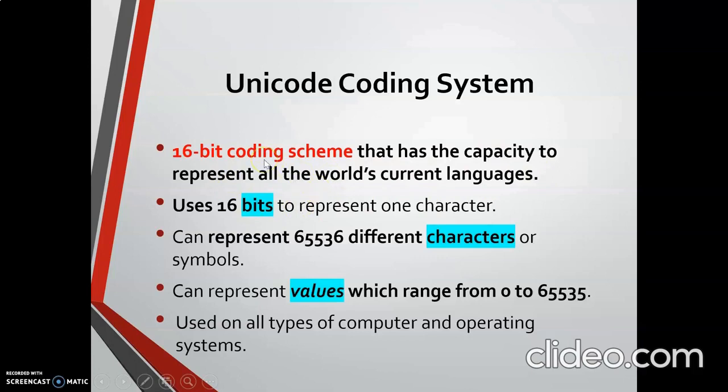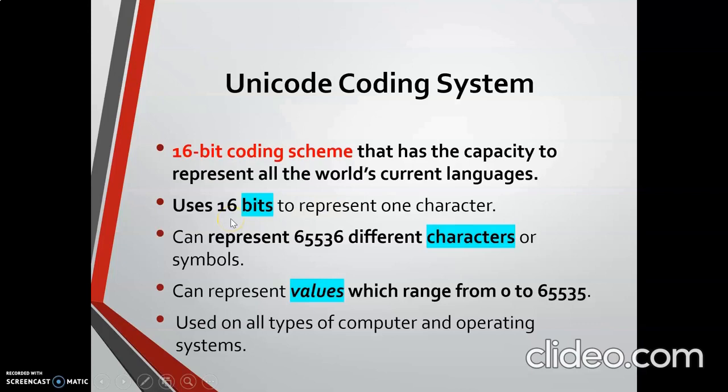A 16-bit coding scheme means it uses 16 bits to represent one character. So of course it can make more combinations of codes, because you can imagine we have 16 bits.